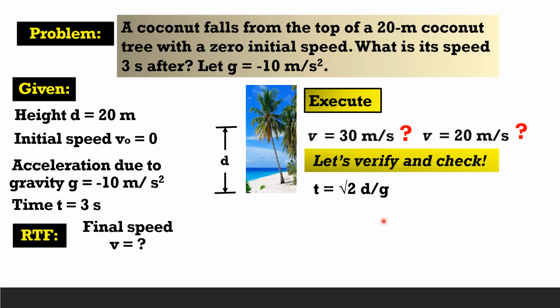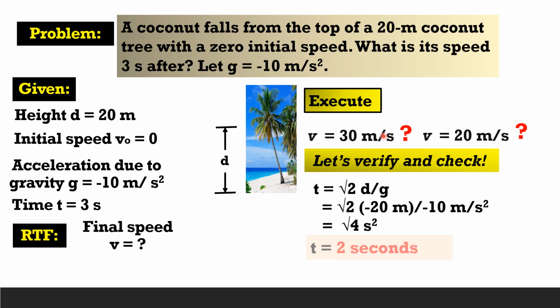Substituting, we have the square root of 2 times negative 20 meters divided by negative 10 meters per second squared. So our computed answer for the time elapsed is t equals 2 seconds. The time it takes for the coconut to drop from a height of 20 meters until it reaches the ground only takes 2 seconds and not 3 seconds.